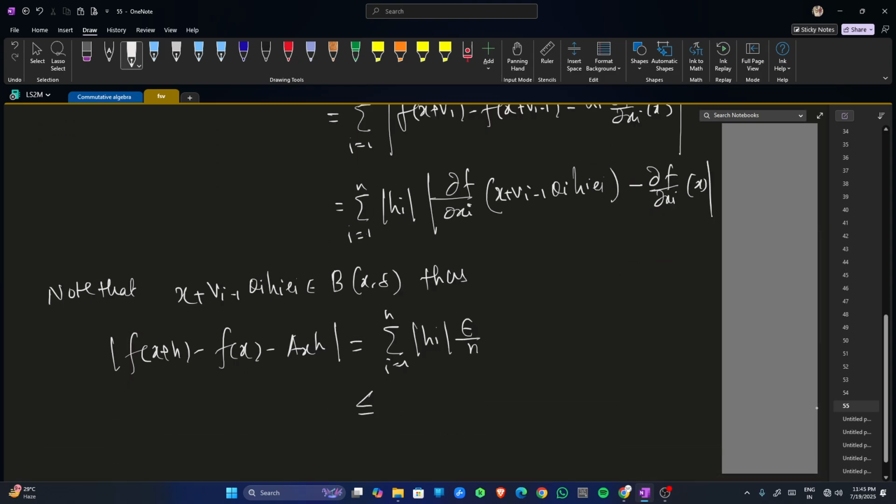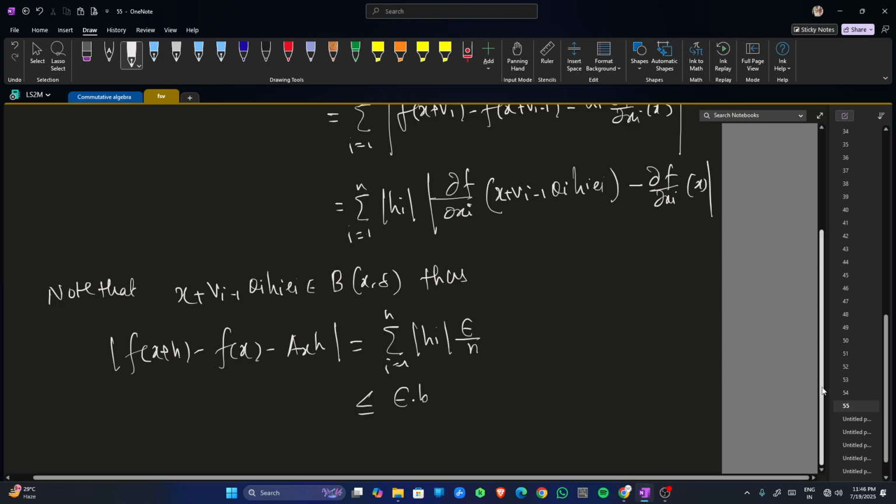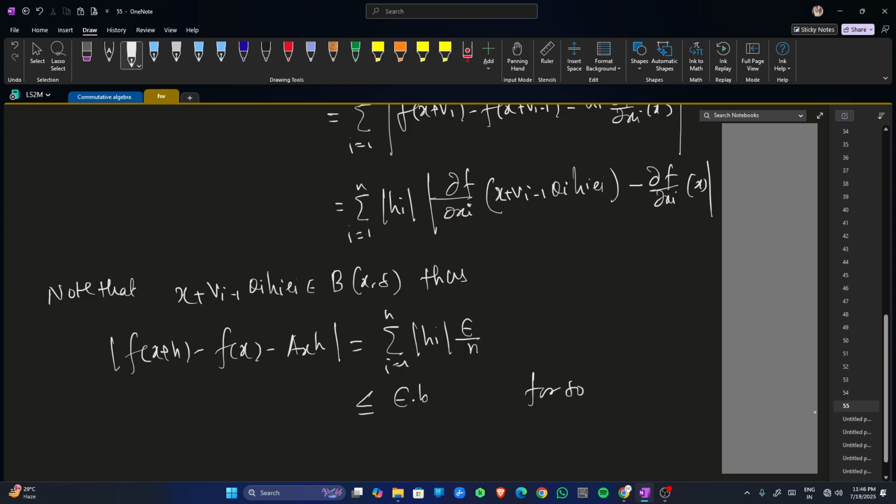These are equal to the maximum, less than epsilon times some constant, let's say b, for some b greater than 0.